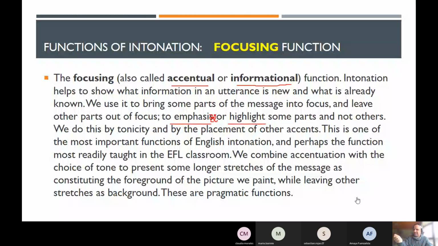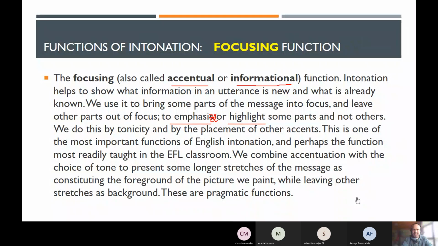And so you are focusing on a specific area. Just exactly what intonation does. I was studying phonetics. Phonetics is the focus. I was not studying grammar. I was not studying communicative competences. I was studying phonetics.